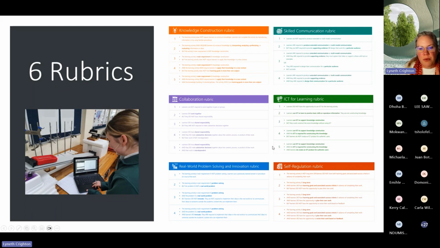You can get them in a Word document off my website, or they are in the Learn platform, and each one talks to a specific area that they identified that is a skill that a learner needs to succeed in the 21st century.